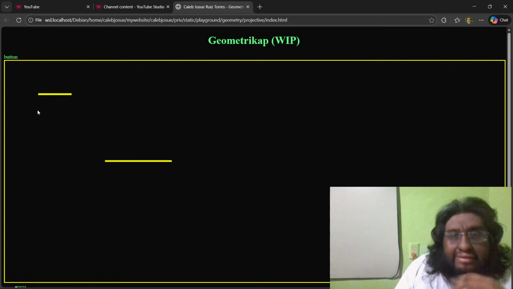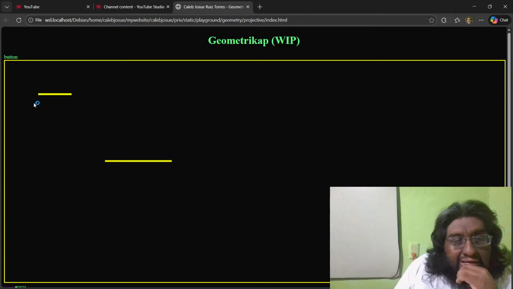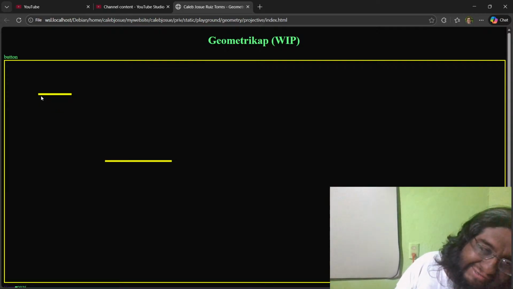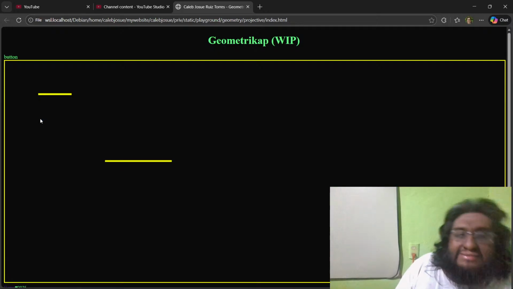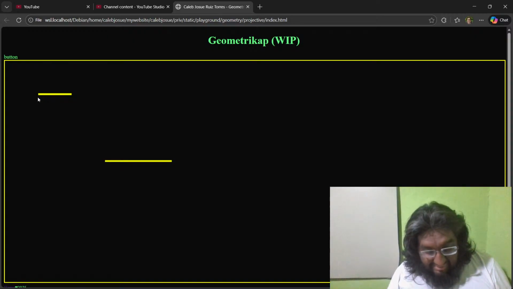Quite a naive starting point, because we want to have this point and this point. Let's see this thing in action. This is a rotation of 90 degrees.